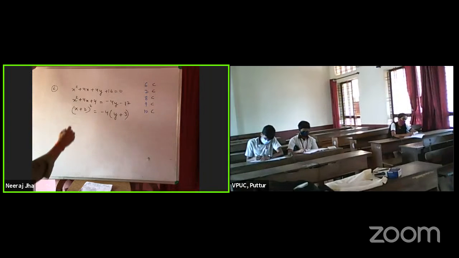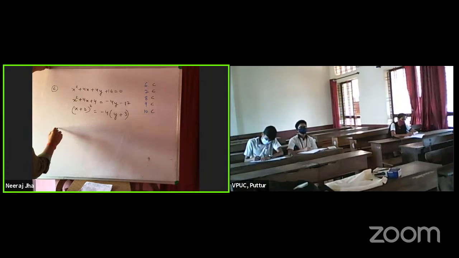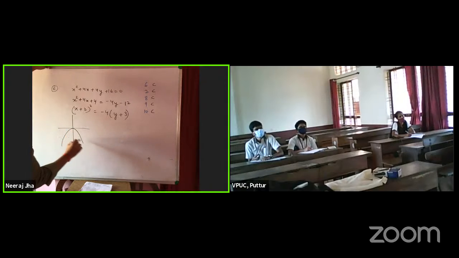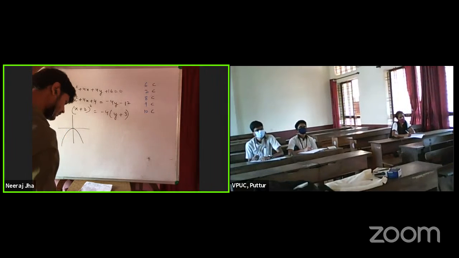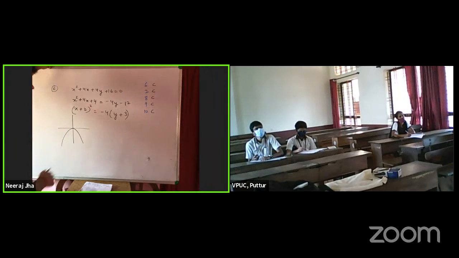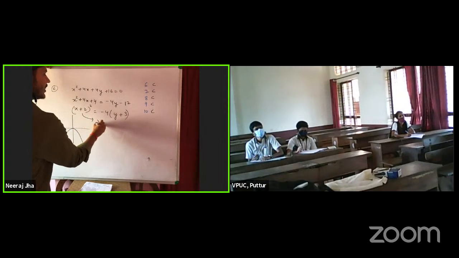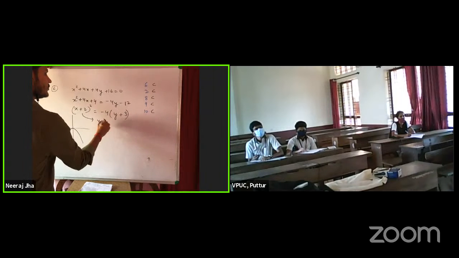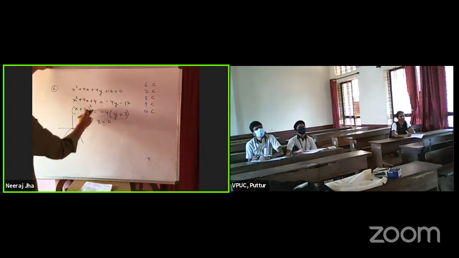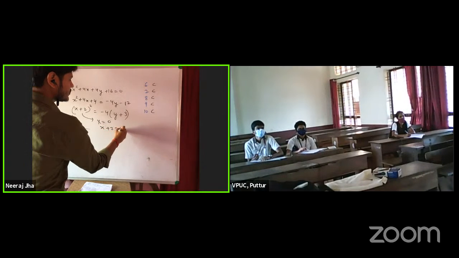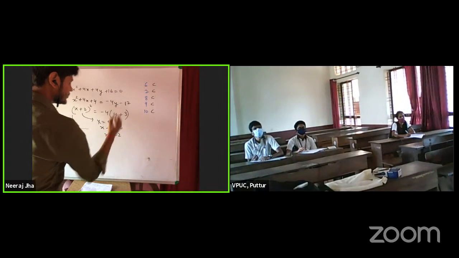So this is the parabola, it will be some parabola like this. They want the equation of the axis and directrix. Equate the squared term to 0 to get the axis: x plus 2 is equal to 0, which means x is equal to minus 2 is the axis.